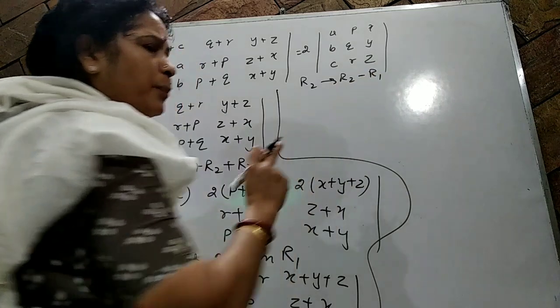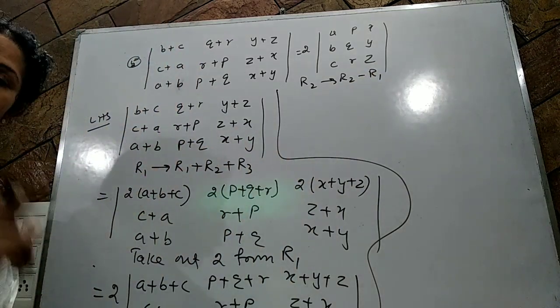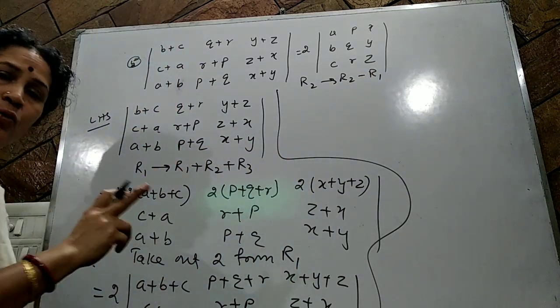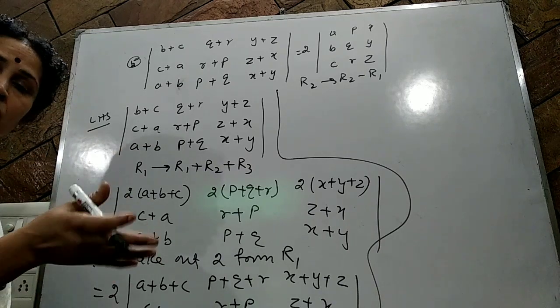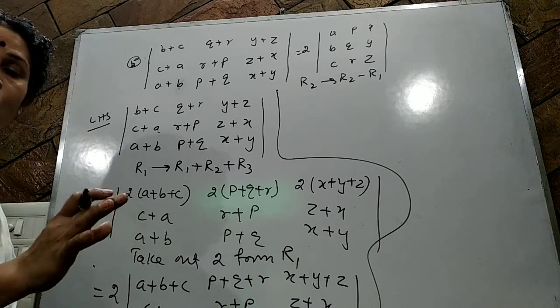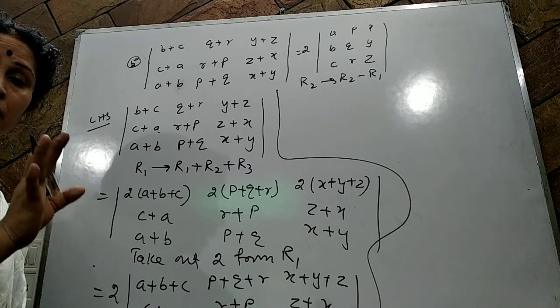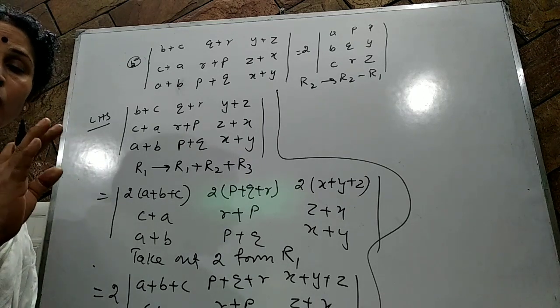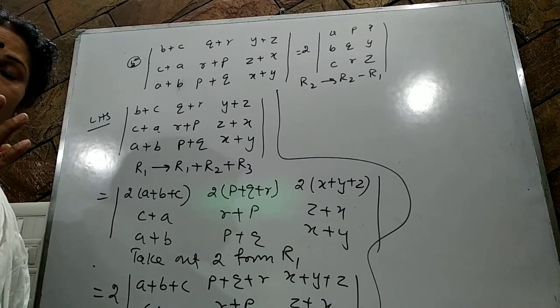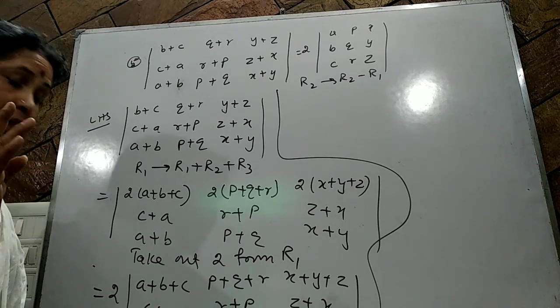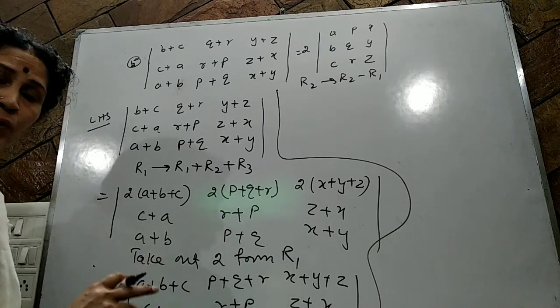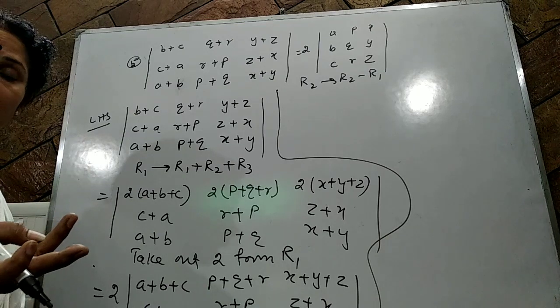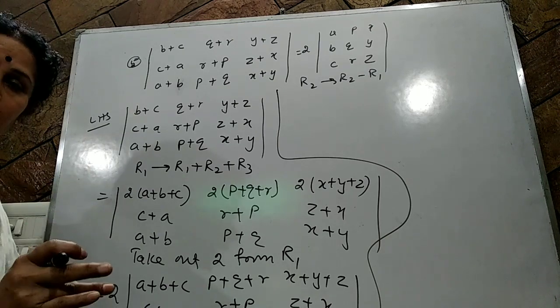So what I am doing here, R2 can be written as R2 minus R1. Keep any one row or any one column constant. With the help of any single row or column, you have to change the other two, so that you will not get any confusion. Now, I told you one thing, at least two properties you have to use. Number two, whenever you are doing the operation, keep any one row or any one column constant.